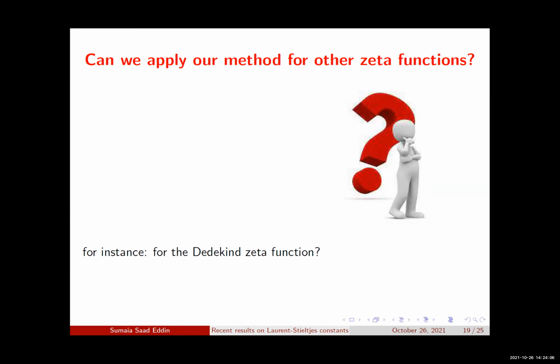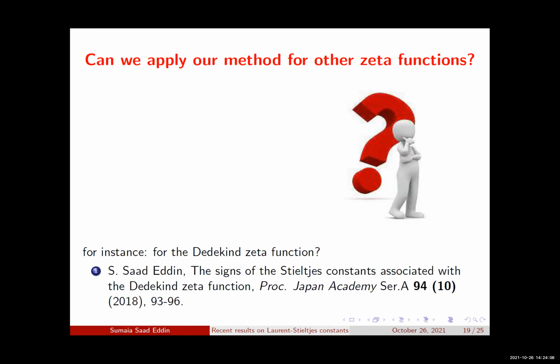For this reason, I wanted at the beginning to study the sign of the Stieltjes constants for the Dedekind zeta function, and I got this result, and it is now published. I don't want to stop here because we also need more notation, and I think 30 minutes is not enough. But I want to mention what I got in this direction of research.